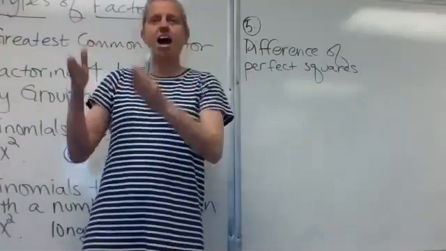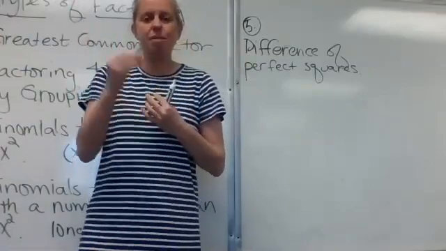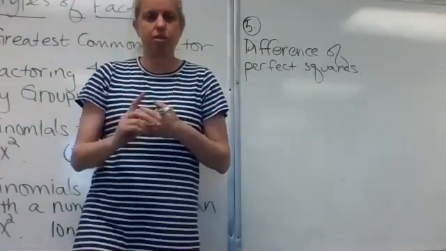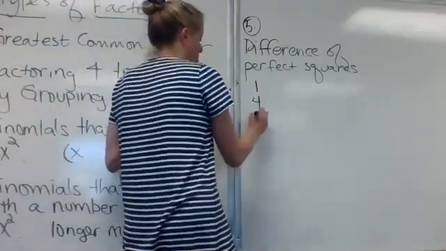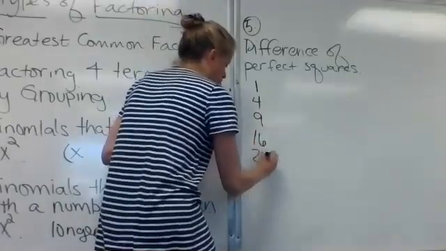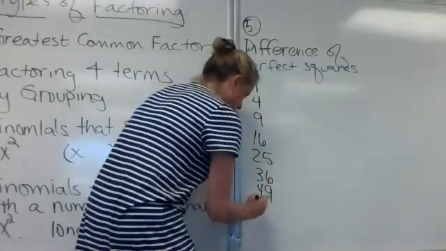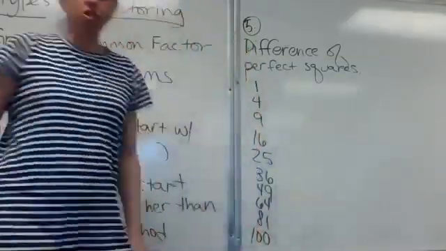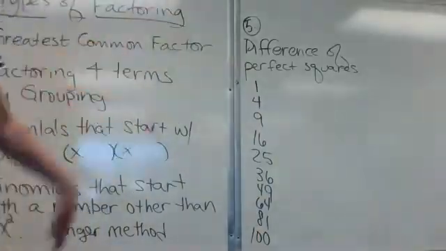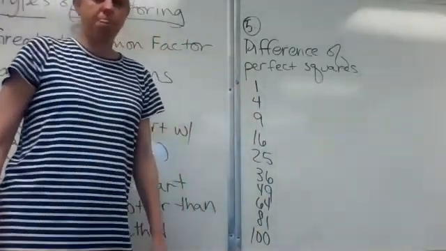That means they have to have factors that multiply to get them that are the same number. Perfect square numbers are 1, 4, 9, 16, 25, 36, 49. All right, there's your first 10 perfect squares. They go on forever. Here's what makes them a perfect square.